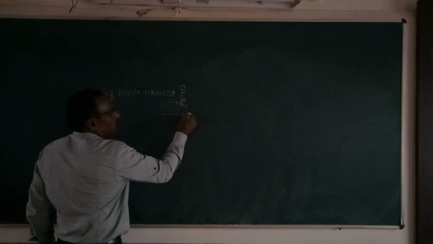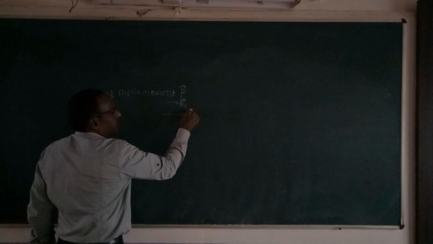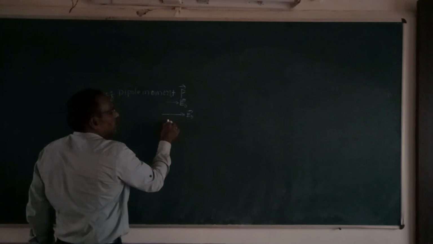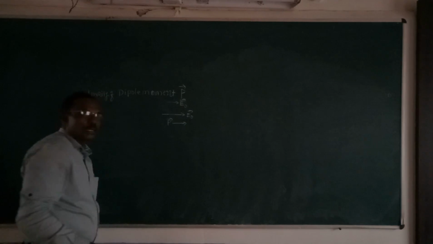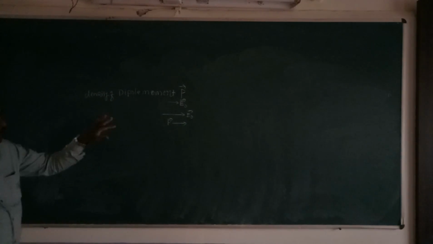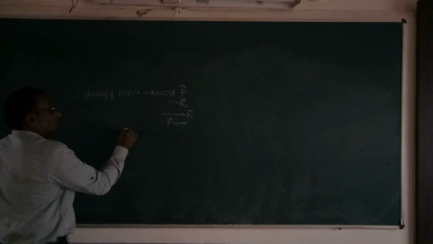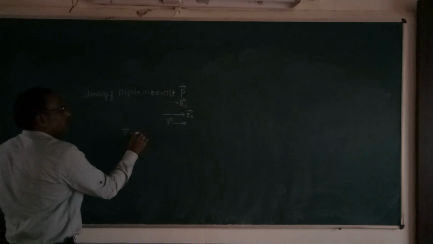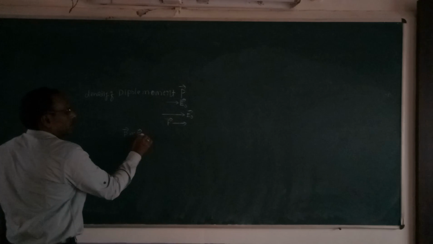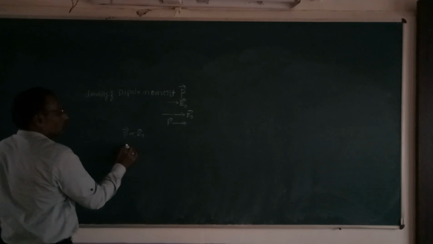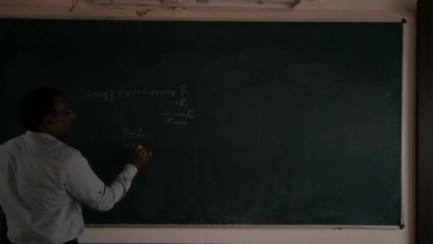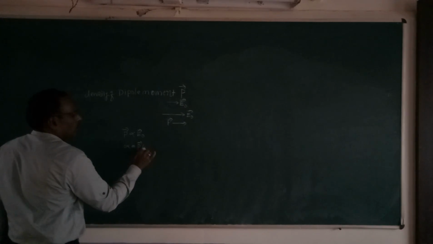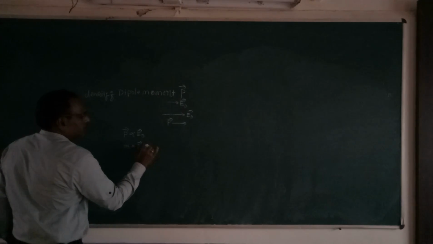If E naught is the external applied electric field and P is the dipole moment, both are parallel to each other. Therefore P is always proportional to E naught, and we calculate alpha, the atomic polarizability, as P upon E naught.